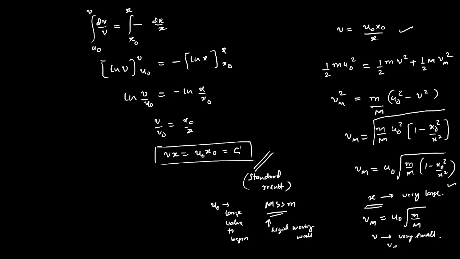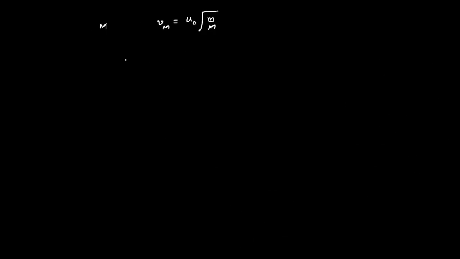So it will be almost considered as 0. So small m will be almost having 0 speed after a very long time. So the final momentum of the system, it will be capital M moving with Vm.